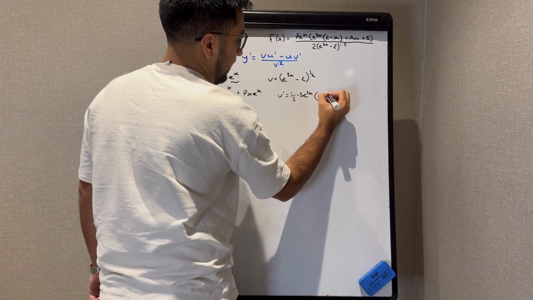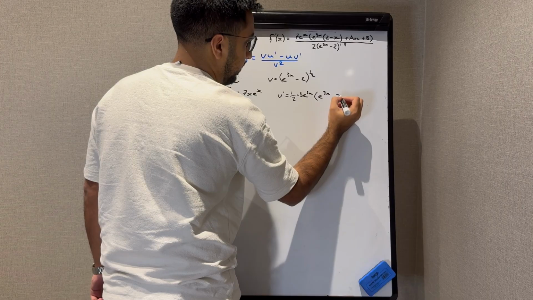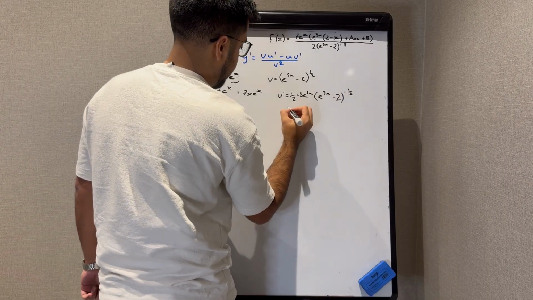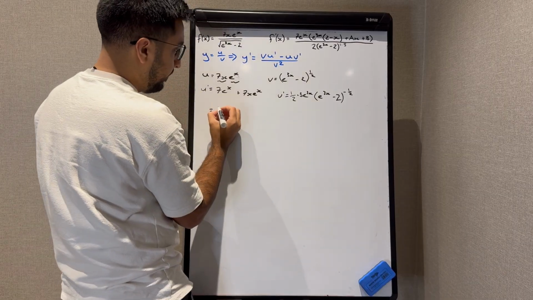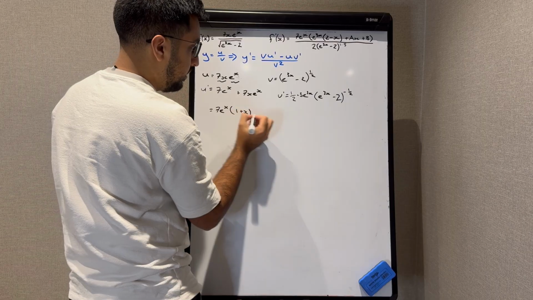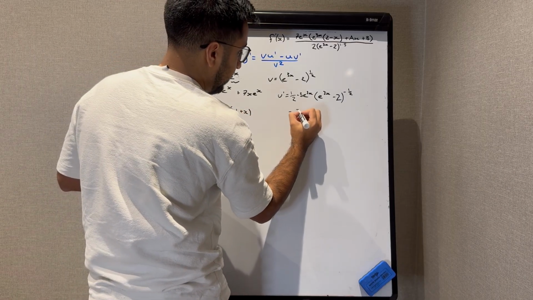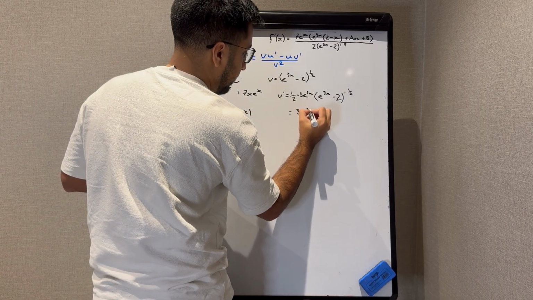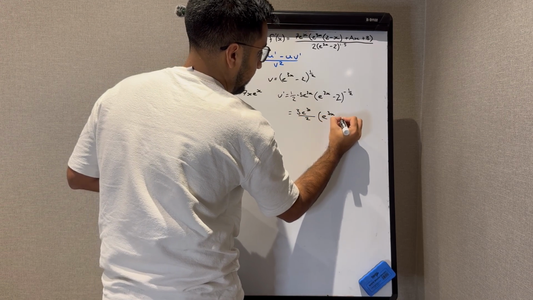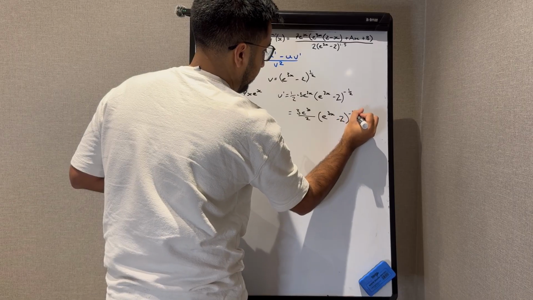And then we're left with e to the 3x minus 2, and subtract 1 of the power to give us minus half. And I'm just going to simplify both of these. So this will give us 1 plus x here, and this will be 3e to the 3x over 2 e to the 3x minus 2 to the minus a half.